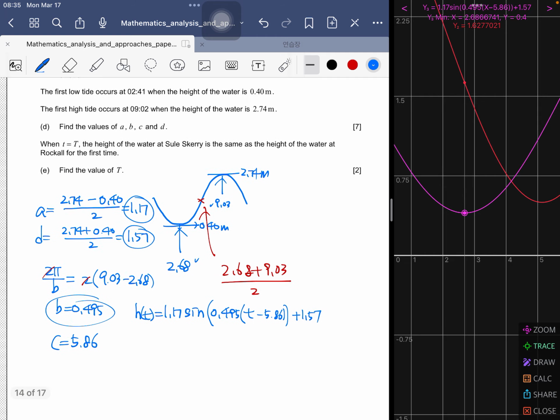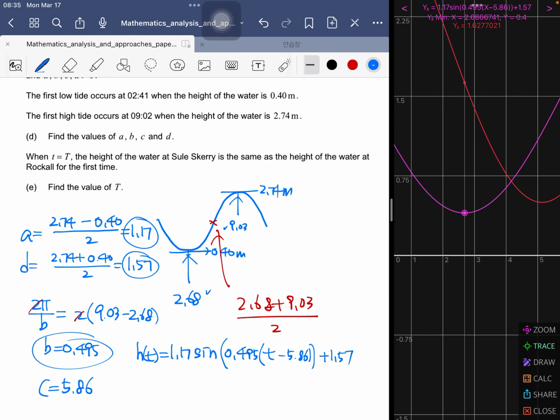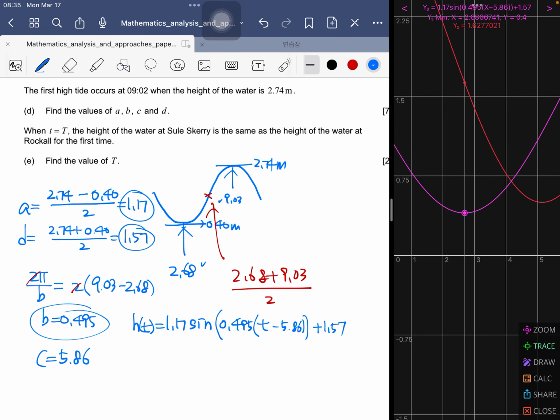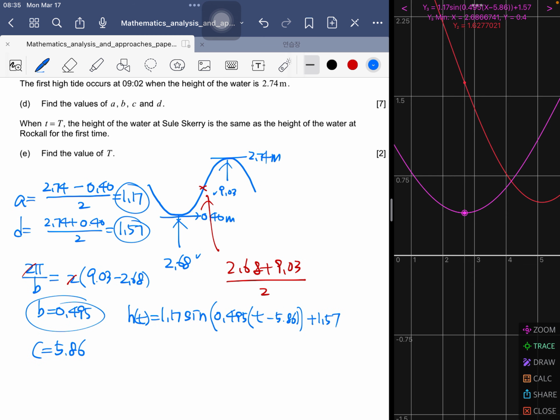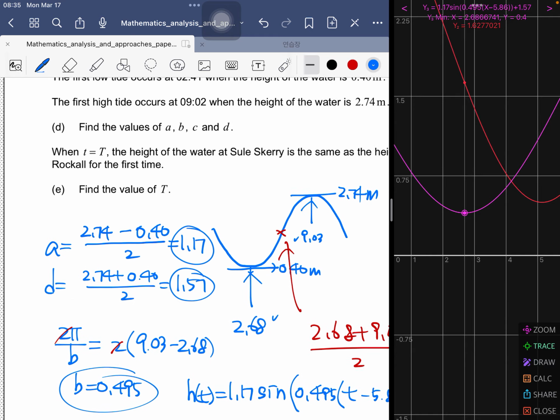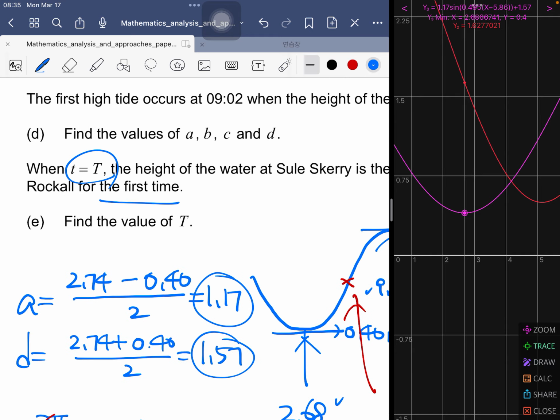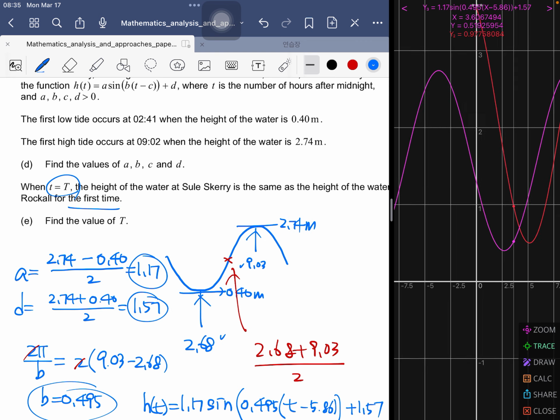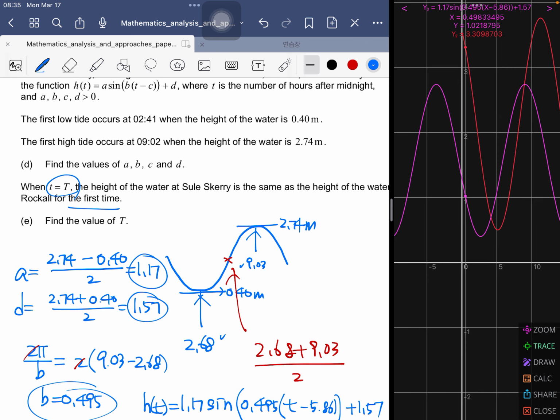The next question: when t equals large T, the height of the water at the S island is the same as the height of water at the R island, for the first time. So the heights are the same for the first time.